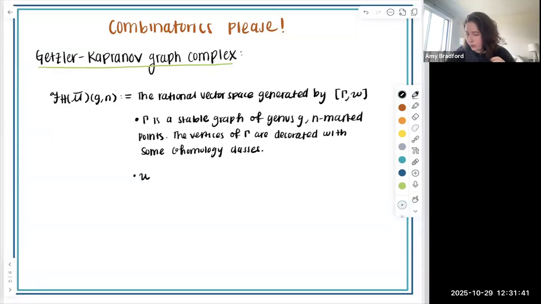And then this ω piece is going to be an orientation of our graph. What I mean by that is it's going to be a total ordering of the edge set.